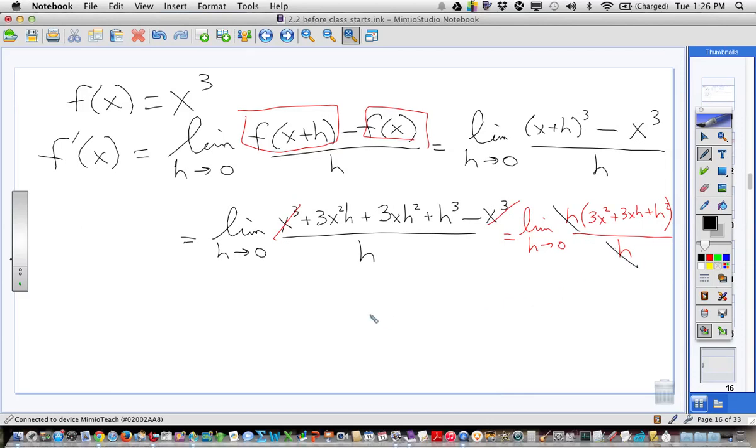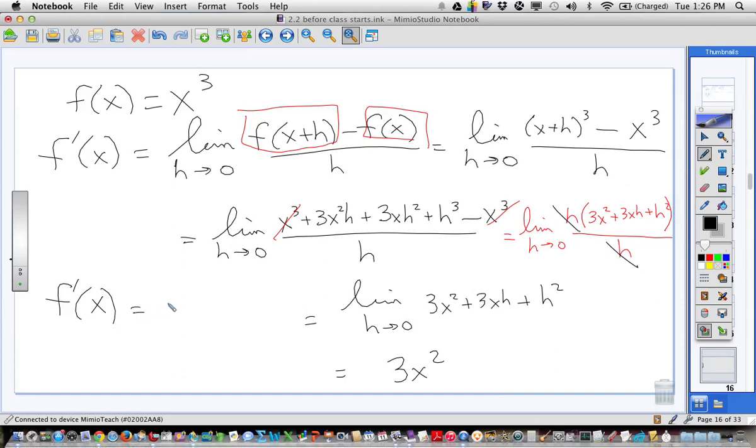Cancel an h. 3x squared plus 3xh plus h squared. We let h be 0. We just learned that if f of x is x cubed, that f prime is 3x squared. Look at that.